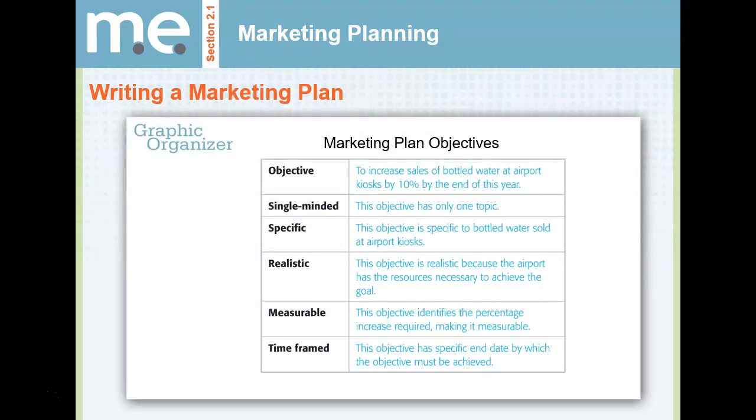They put it in this format here, but the example they use, your objective is to increase sales of bottled water at airport kiosks by 10% by the end of this year. And you can ask yourself, is it specific? Yes, it's very specific with 10% by the end of the year. Is it measurable? The M, yes, 10%. Is it achievable?